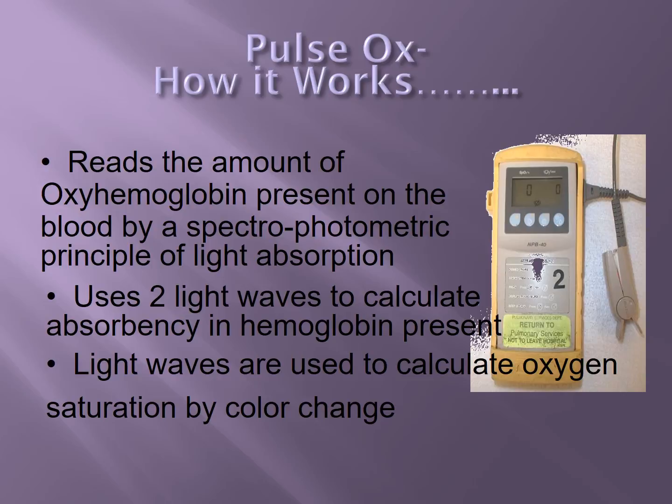So here's a picture of a pulse ox. They have smaller ones that individuals can buy at Walmart. So you have some patients with COPD that will have their own pulse ox that they can put on their finger. Light waves are used to calculate what the oxygen saturation is.